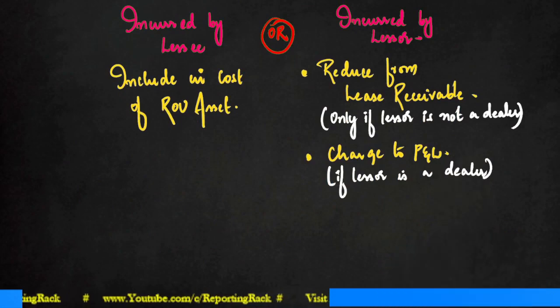And that will bring us to the end of the before-last aspect. After this, one last aspect is there, which I will discuss, and then quickly move into recognition and measurement. I hope you have written it and understood that this is either incurred by the lessee or incurred by the lessor.